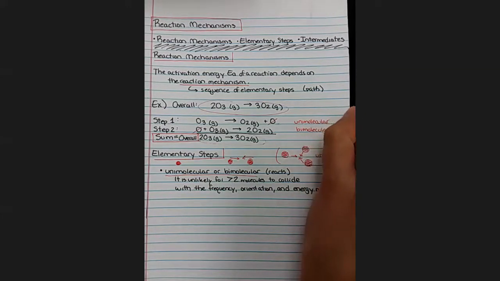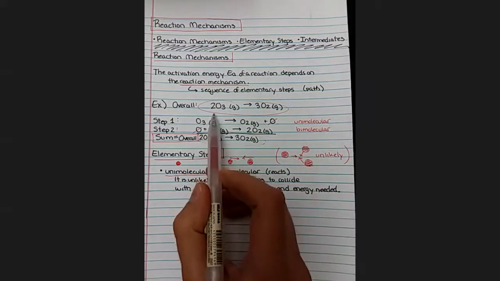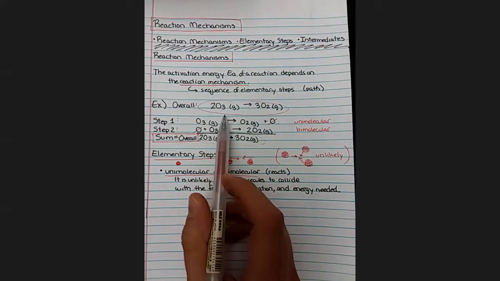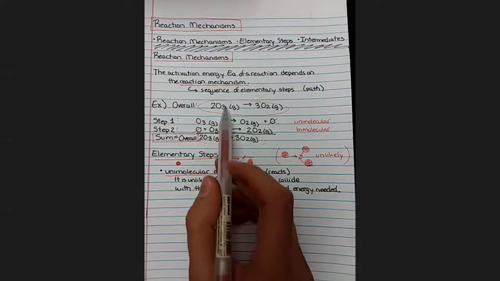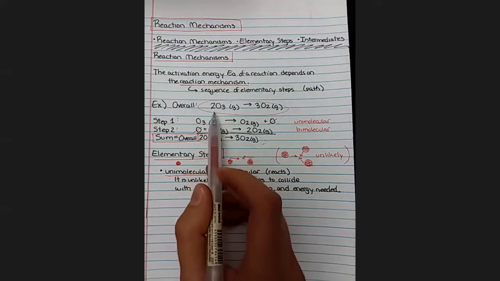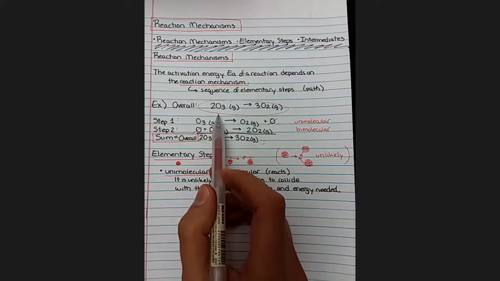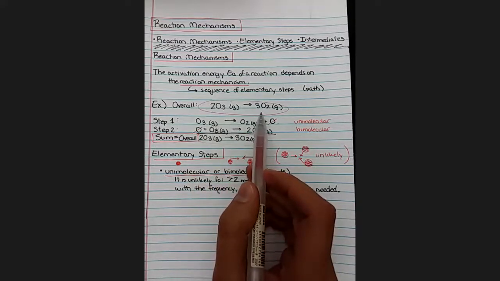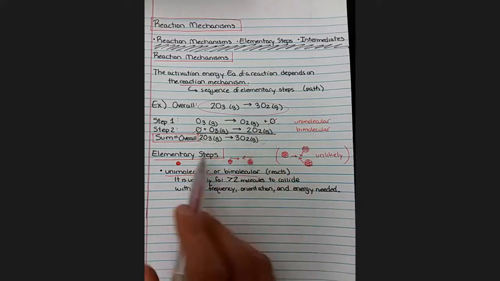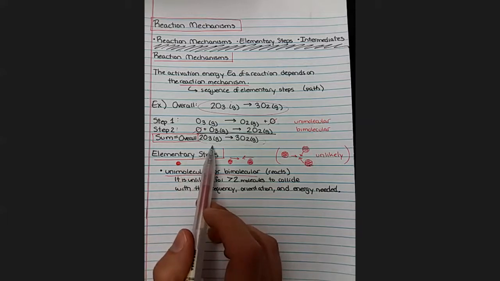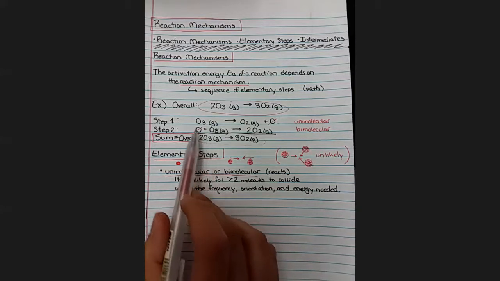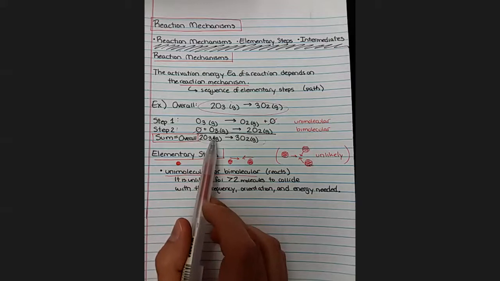And what we can see here from the steps is that the steps don't look anything like the overall reaction. The overall reaction kind of implies that two ozone molecules ran into each other and broke up to produce three oxygen molecules. And what we see from this proposed mechanism is something that looks completely different. These two ozone molecules never actually run into each other.